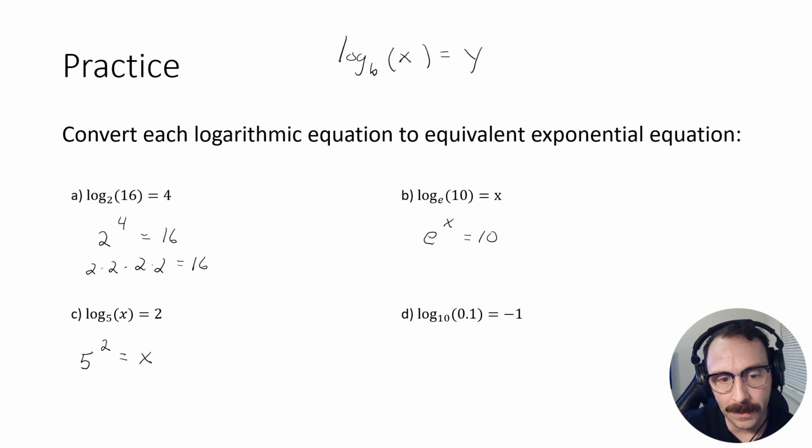Okay, so last one, part D, we have the log base 10 of 0.1 is equal to -1. Again, I'm going to start with my base value of 10. I'm going to raise it to the output of the logarithm, and this will be equal to the input of the logarithm. So 10 to the power of -1.